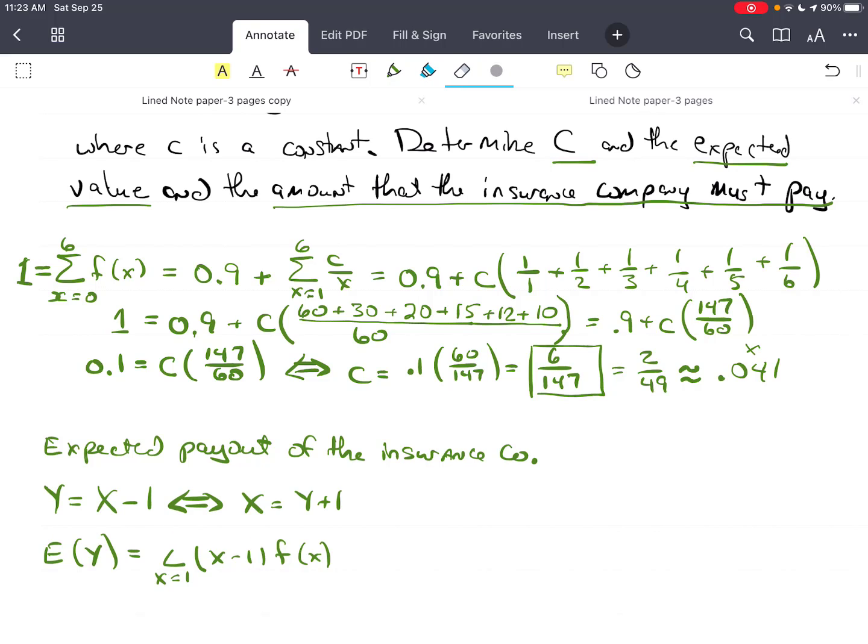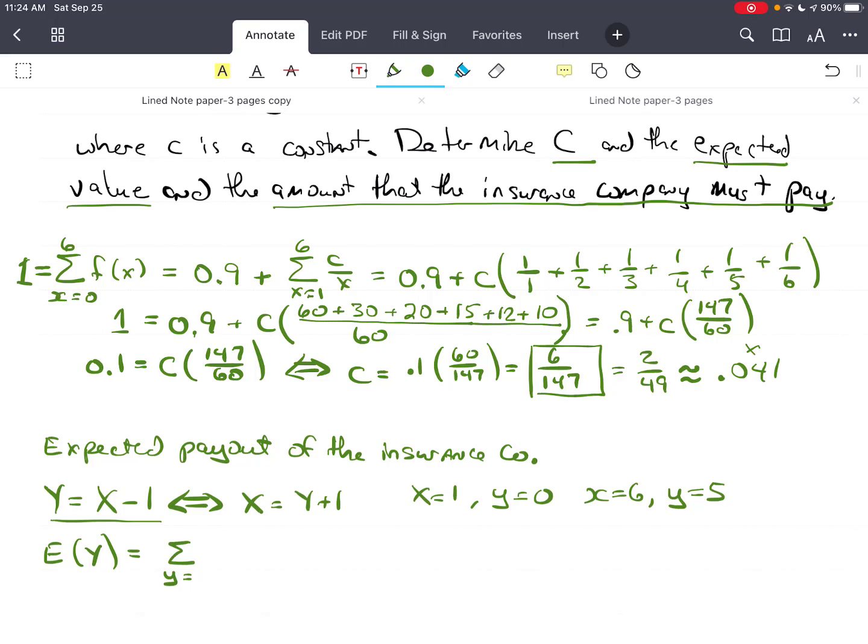So that's why we're starting from 1 to 6, because at 0, if we plugged in the expected value, we get a negative, and there can't be a negative there. No one's paying the insurance company, and that's what a negative value would be. So this is going to be the sum from y equals, when x is 1, y equals 0. When x is 6, y is going to equal 5.